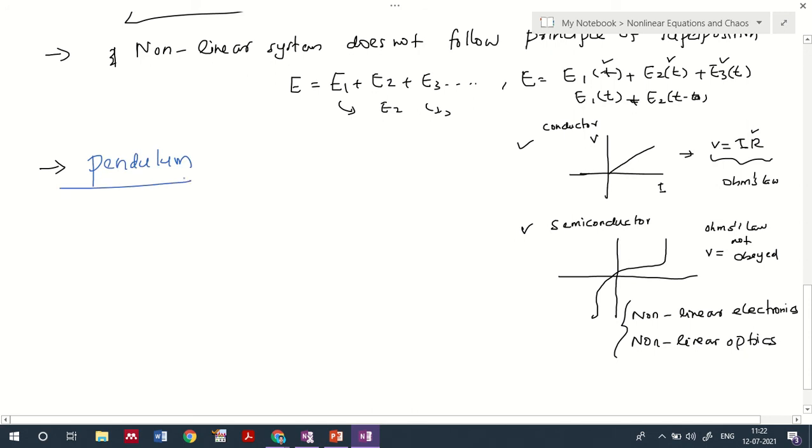Pendulum. In a pendulum, we have a general equation of motion. It is d square theta by dt square.